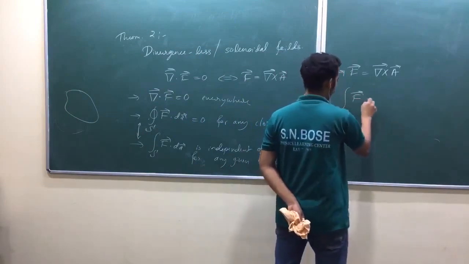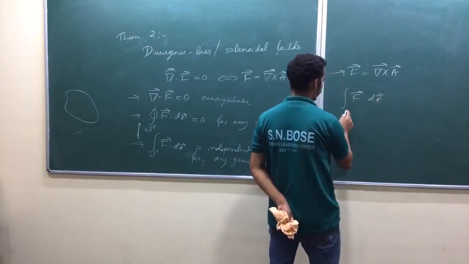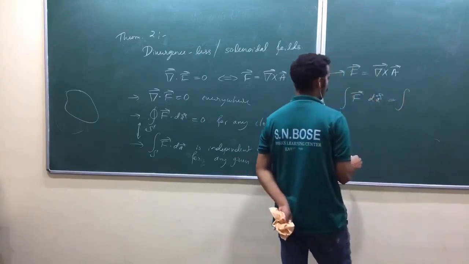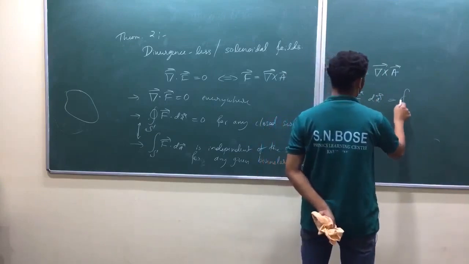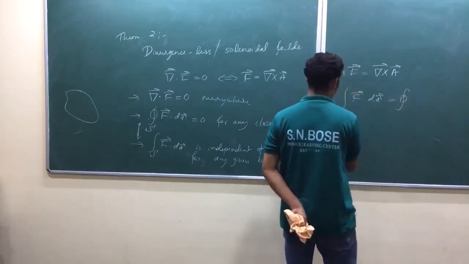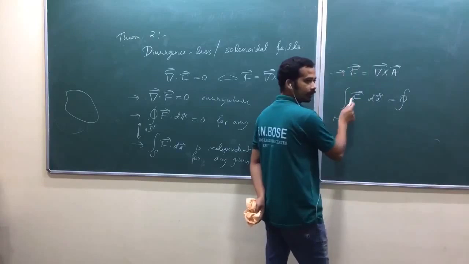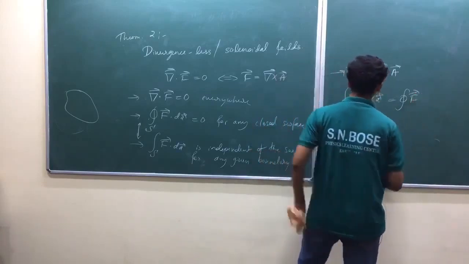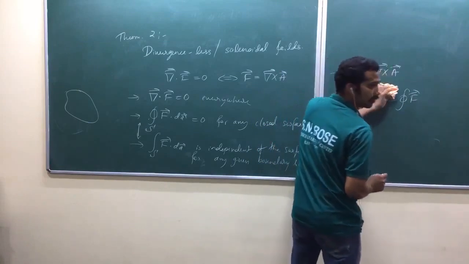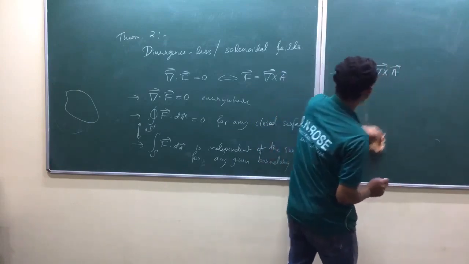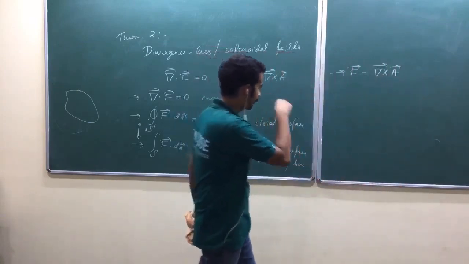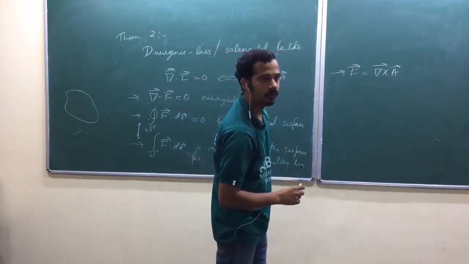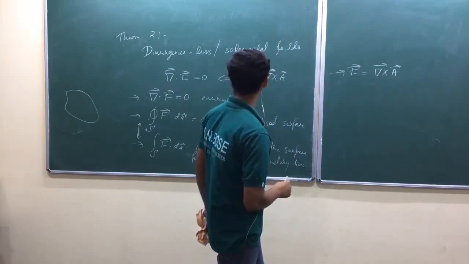Surface integral of F dot dA is equal to closed line integral. The surface integral of the curl of a vector field is equal to the closed line integral. Am I right? Wait a second. Del cross F.